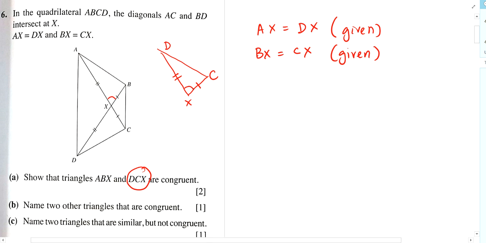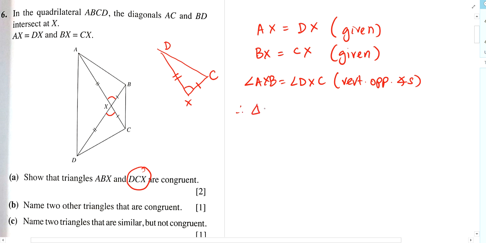Can I do that? I heard some of you say the answer already. So where is this DXC in the diagram? This angle, right? Can you prove that these 2 are the same? Yes, we can. We can say that angle AXB equals angle DXC. Reason? Vertically opposite angles.